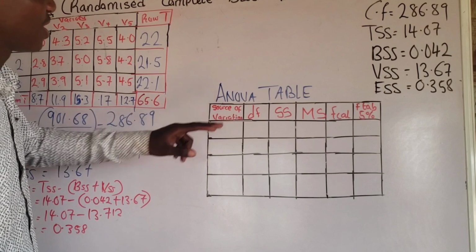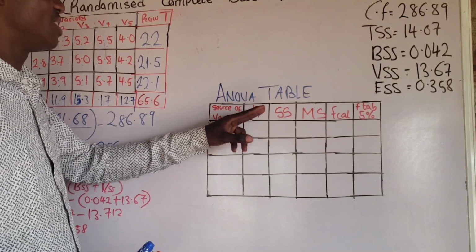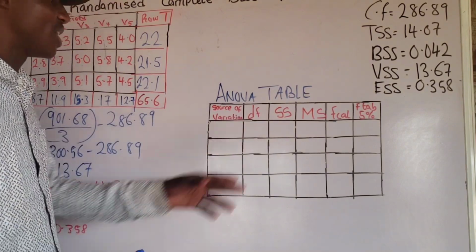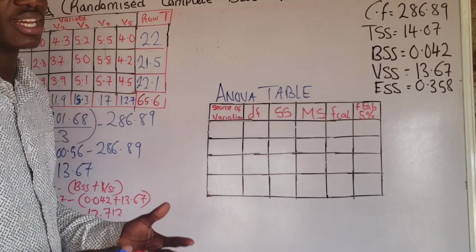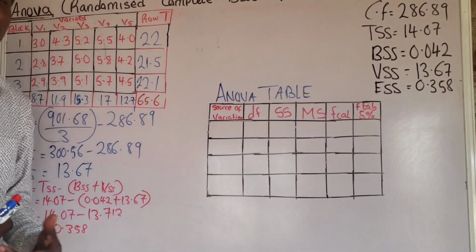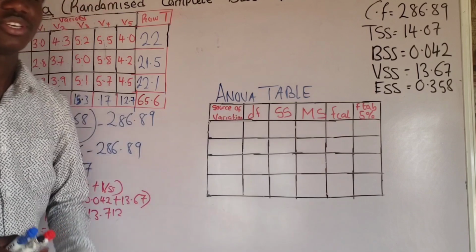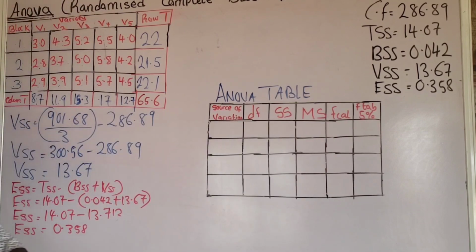Okay, now we have the source of variation. df means the degree of freedom, ms means mean squared, fk means f calculated, that is the calculated critical value that we calculate, and the f tab is the given critical value, you understand, at 5%. Don't forget that at 5% we are given that the critical value for the variety is 3.84, and for the block or the replicate it is 4.46.